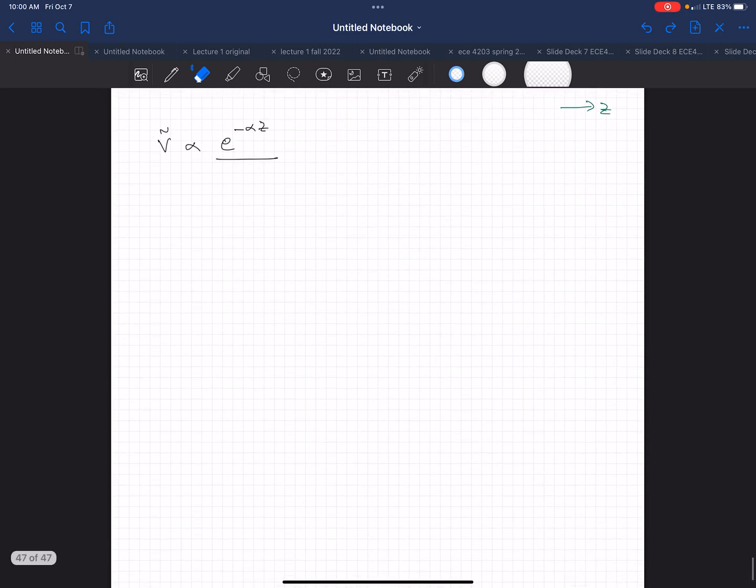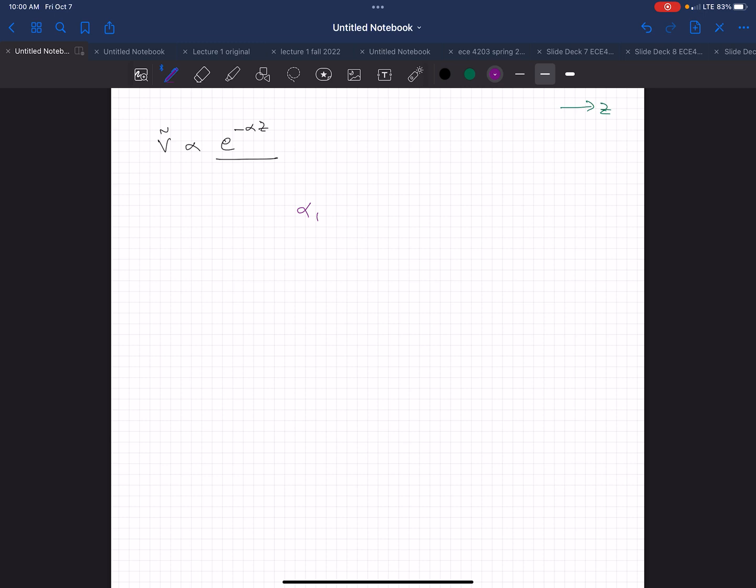So for example, I've got this length of line and the attenuation constant is alpha 1.